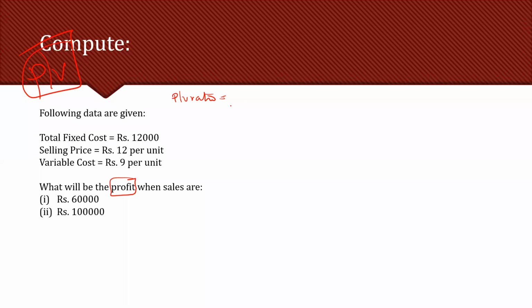What is the formula? Contribution by Sales into 100. What is the contribution? Sales minus variable cost. 12 minus 9 divided by 12 into 100. 3 by 12 into 100. How much is that PV ratio? 25%.